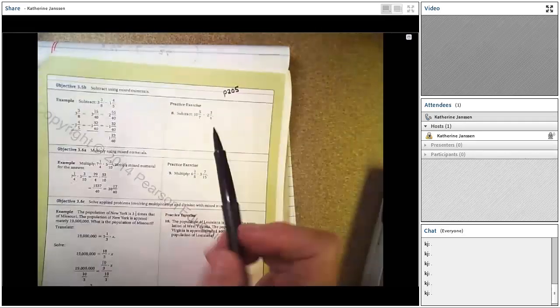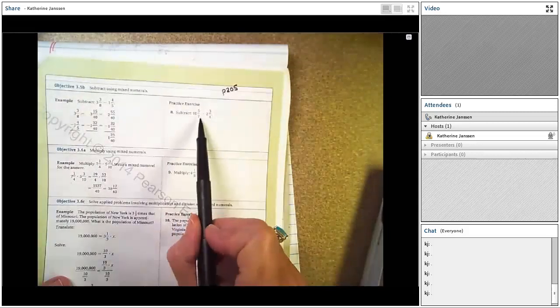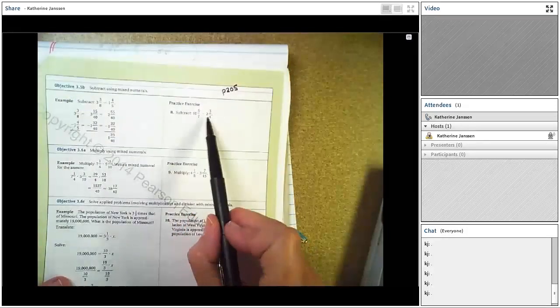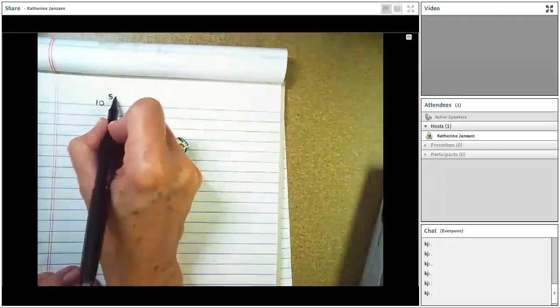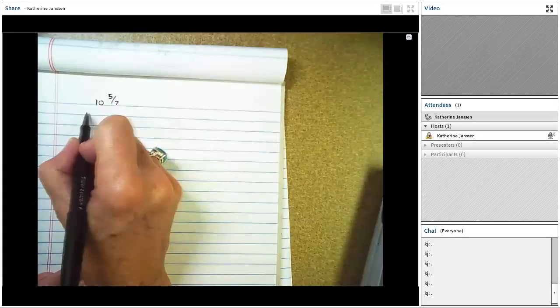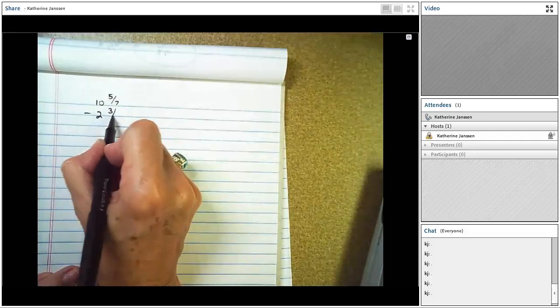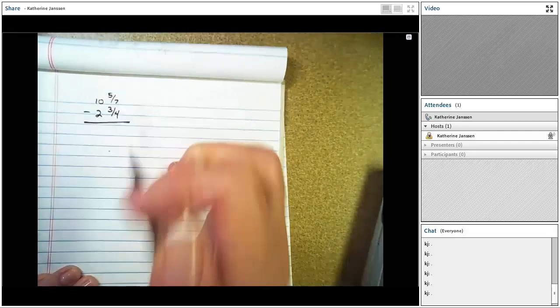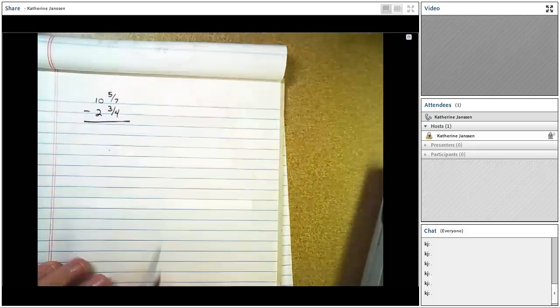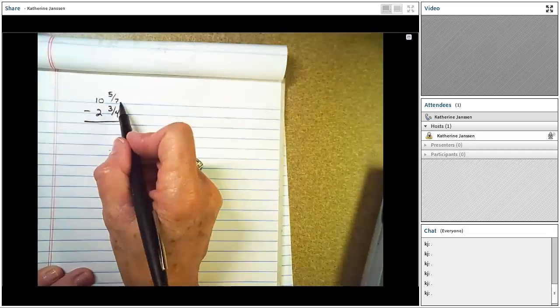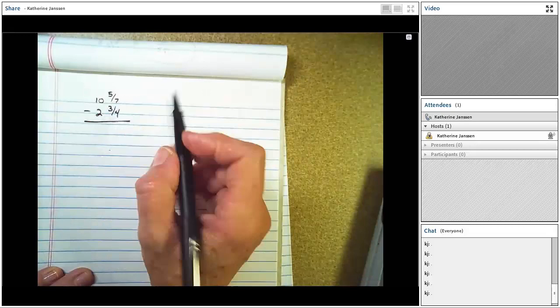We're asked to subtract 10 5/7 and subtract from it 2 3/4. And remember, we columnize to get our fractions in a column and our whole numbers in a column. And we're going to need to subtract fractions, but we'll need a least common denominator.